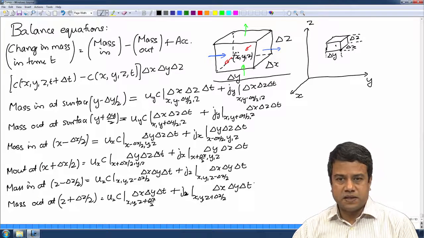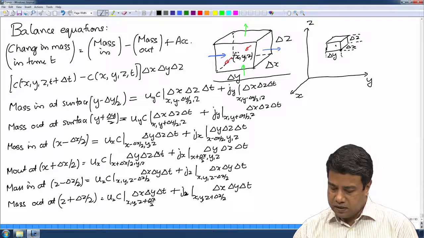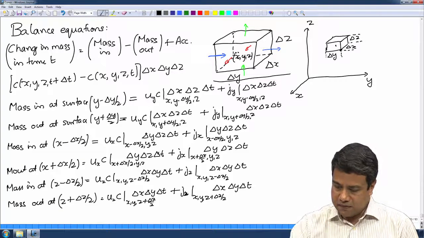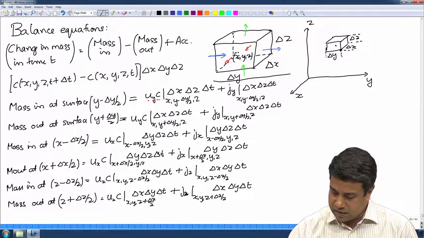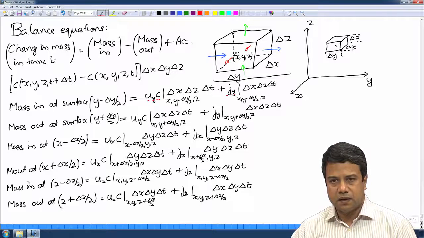Okay. So, those are the masses in, the masses out. In all cases you can see that you have two fluxes, one is due to convection, the other is due to diffusion. Both of these are multiplied by area and time.